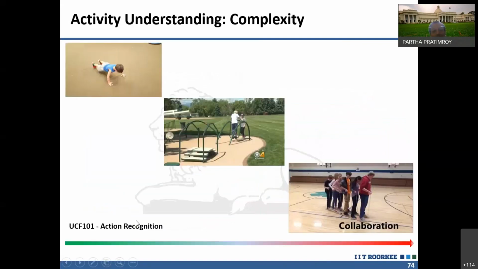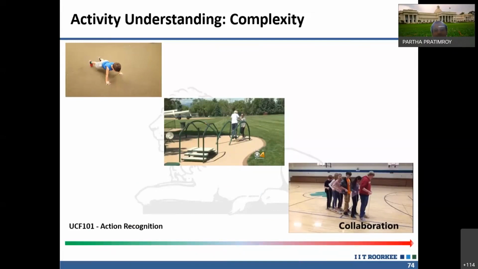Then you can have other works like activity recognition. For example, this is a single action, but it's a set of frames. If you want to go for recognition, you have, for example, 5 frames. If you give a single frame, you may not recognize the label, but you have to use the context information of all these 5 frames.